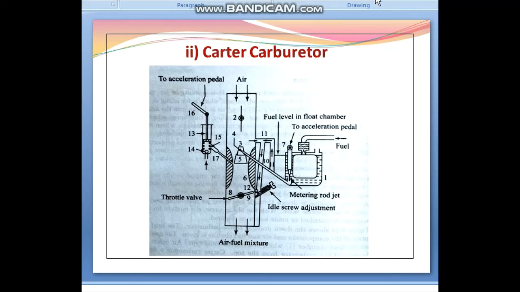So at low speed, the suction in venturi number 3 is sufficient to induct fuel from the fuel nozzle, that is number 4, and it enters the venturi number 3 and throws the fuel up against the air stream evenly, thereby providing finely atomized fuel.